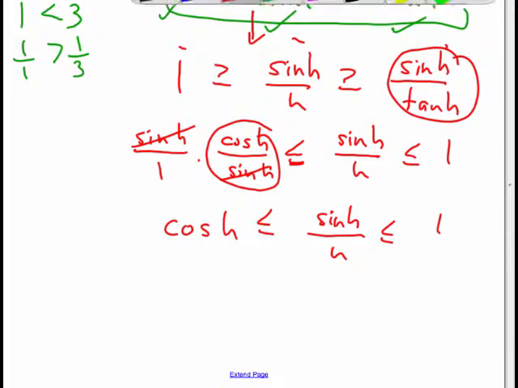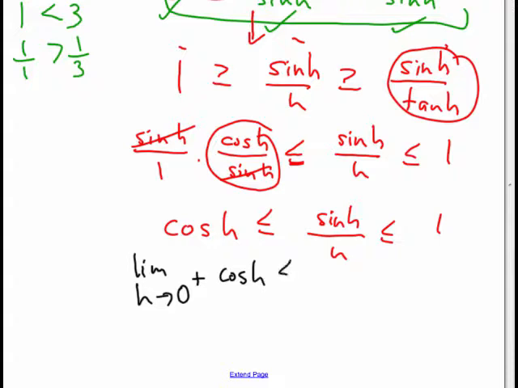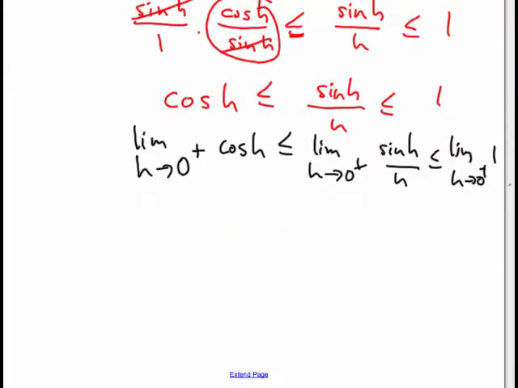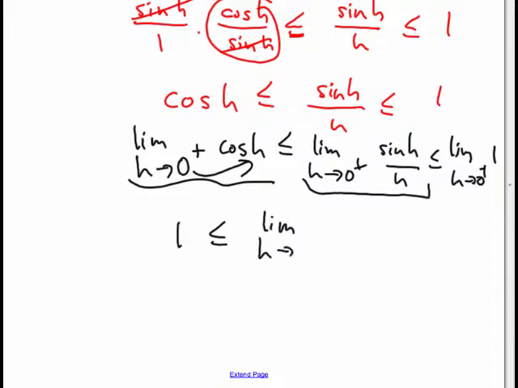Now you're sitting there wondering, I'm sure, okay, but this is great, but where's the limit? So we're going to take the limit as h approaches 0, and we said we were working from the positive side of all of these quantities. And I'm going to evaluate these. As h approaches 0, cosine of h goes to 1. This quantity, I'm not sure, so let's leave it like that.